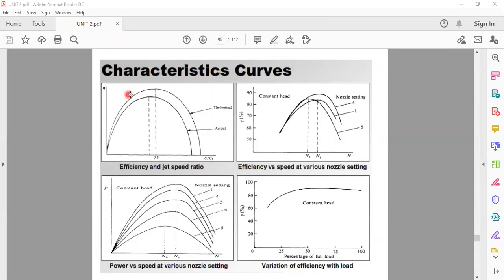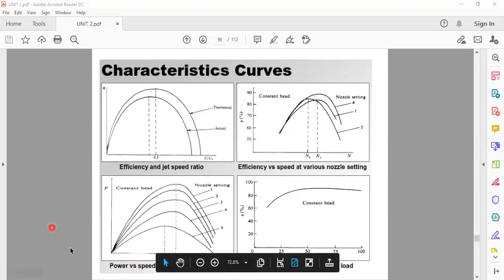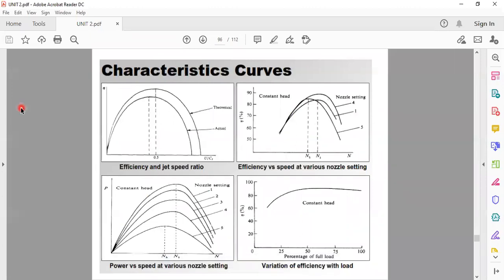We can see here the characteristic curves: efficiency and jet speed ratio. Here, efficiency versus speed at various nozzle settings, like that. Power versus speed, we can see, at various nozzle settings. Now this is the variation of efficiency with load at constant head.